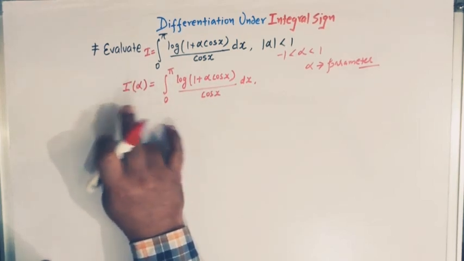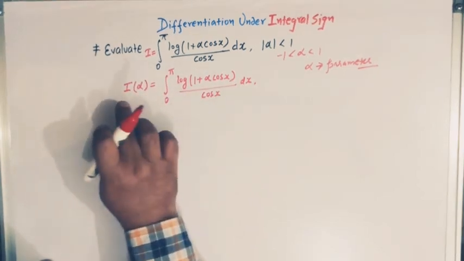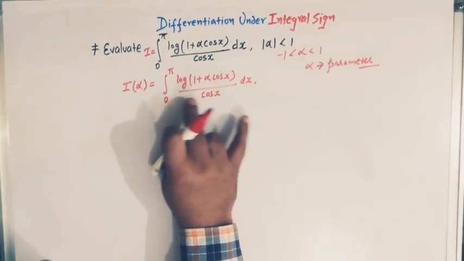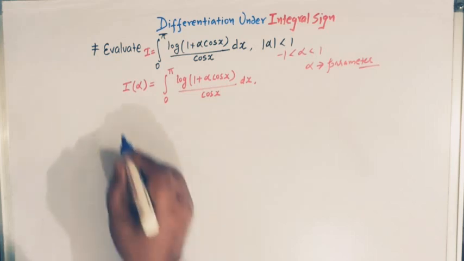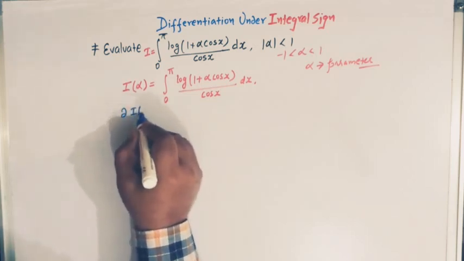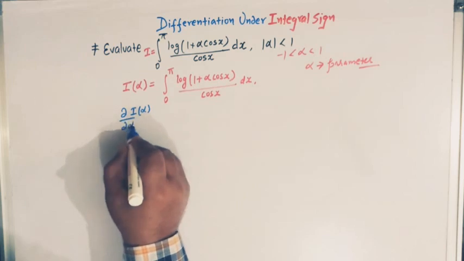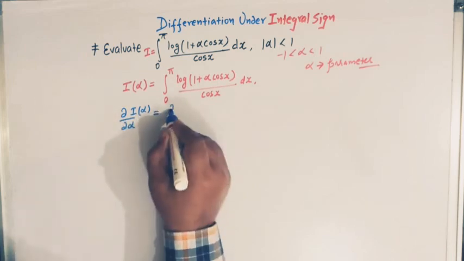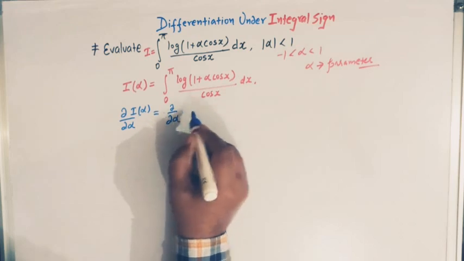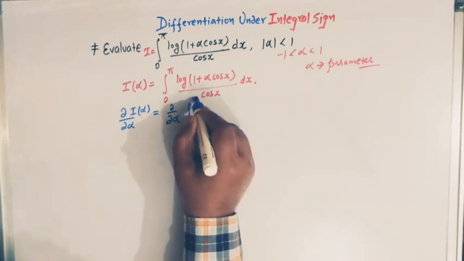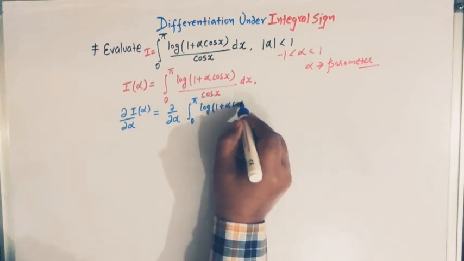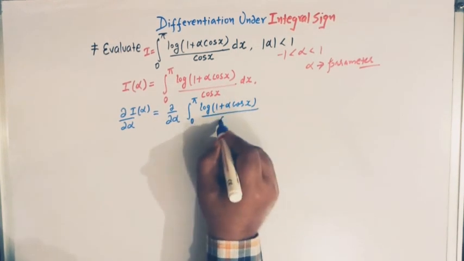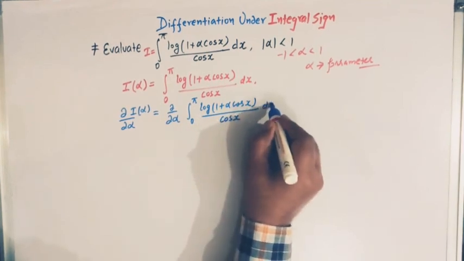So let us now differentiate this expression partially with respect to alpha, and let us see what we get. So here we'll write del I(alpha) over del alpha is equal to del over del alpha of the integral from 0 to pi of log(1 plus alpha cos x) divided by cos x dx, right?